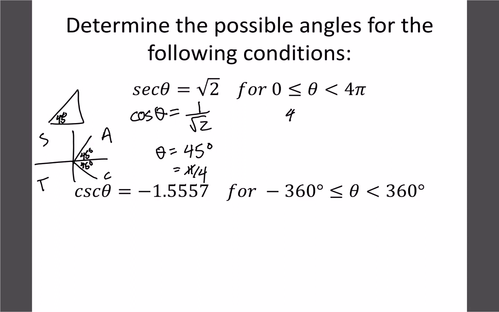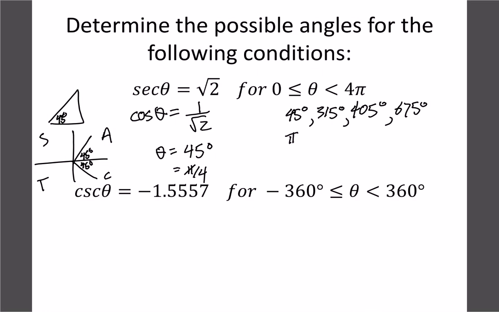So let's write it out in degrees first. It's 45 degrees. The next one will be 315. Then we'll have 360 plus 45, which is 405. And then 720 minus 45 is 675. So there are our 4 locations in 2 complete revolutions.